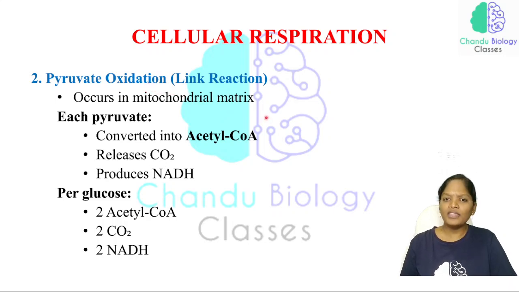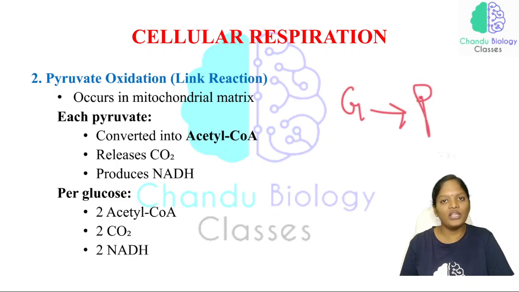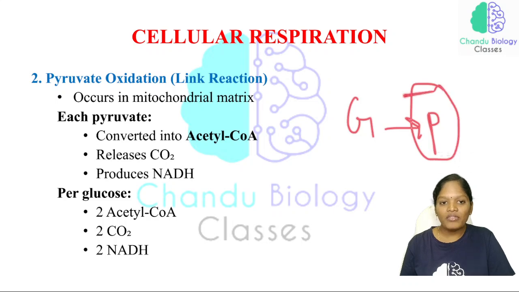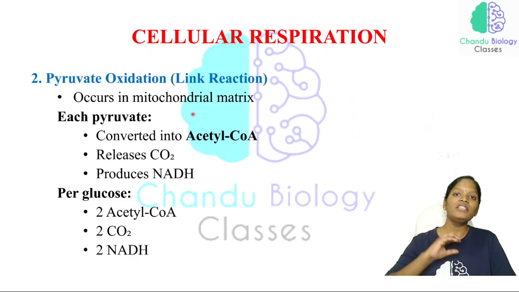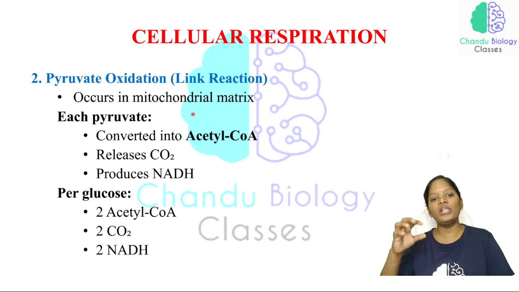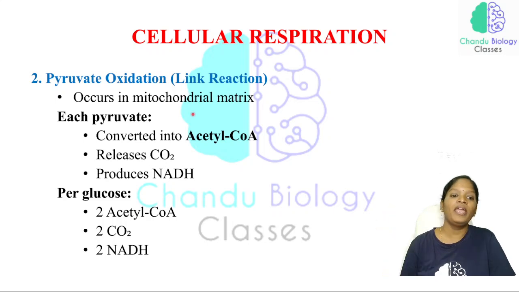Now, see what we have discussed. In glycolysis, glucose is converted into pyruvate, and this pyruvate is converted into acetyl-CoA. Whenever pyruvate is converted into an acetyl-CoA molecule, it releases carbon dioxide and produces NADH.